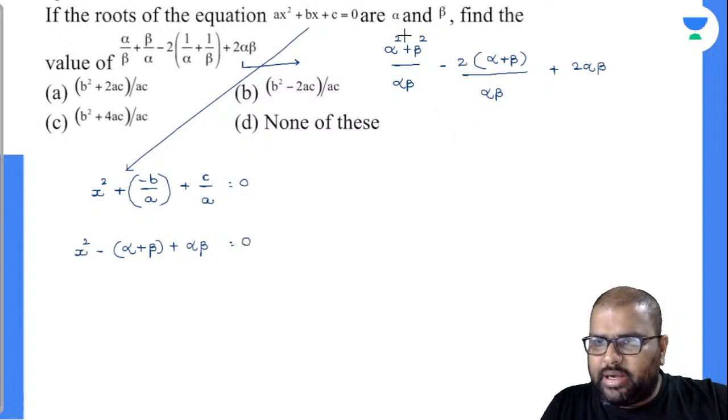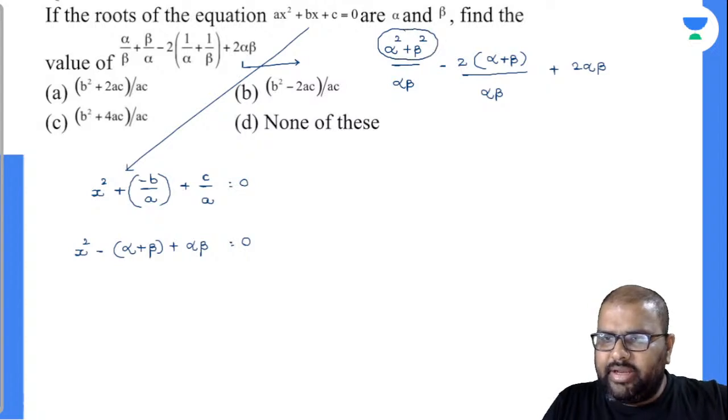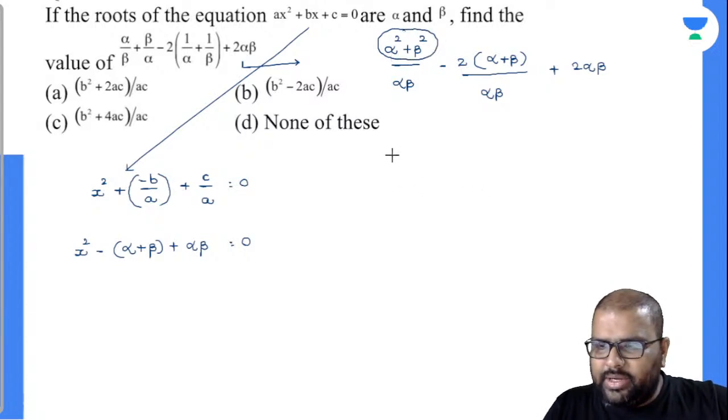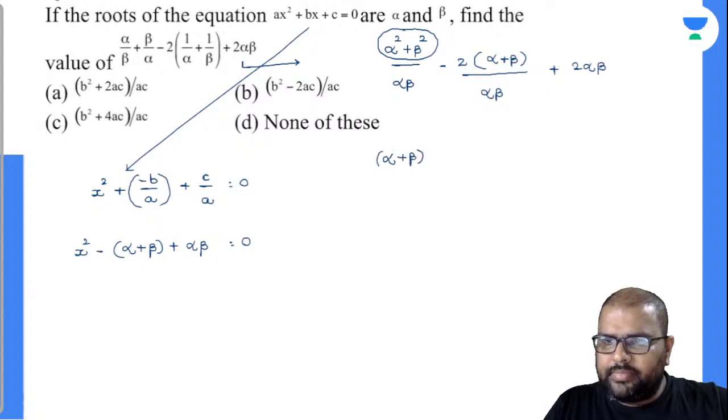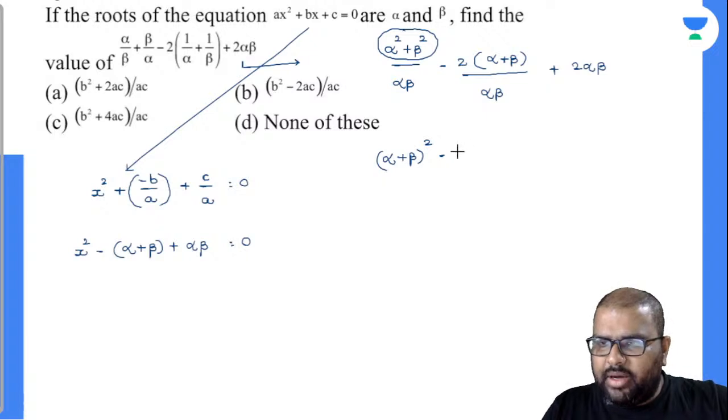I'll write down this numerator part in this way so that it will be very easy for me to convert. Can I write down this as alpha plus beta whole square minus 2 alpha beta?